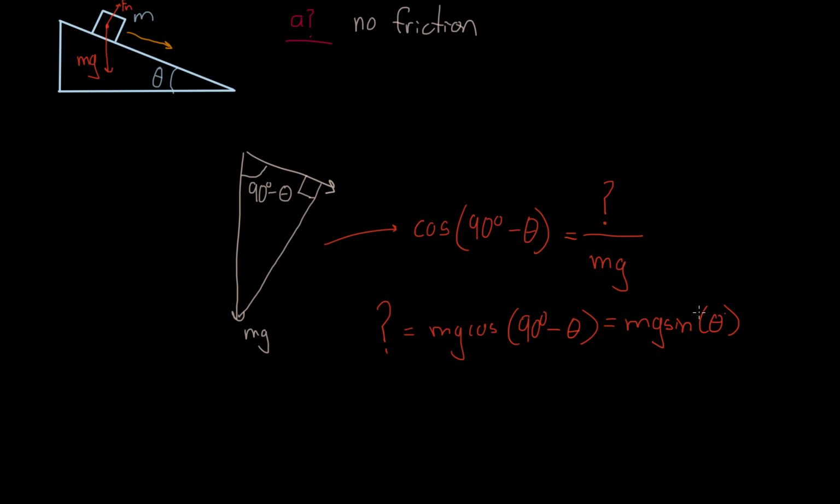So this statement is essentially what we need to know. This arrow here is going to be equal to that component of mg, which is just mg sine theta.